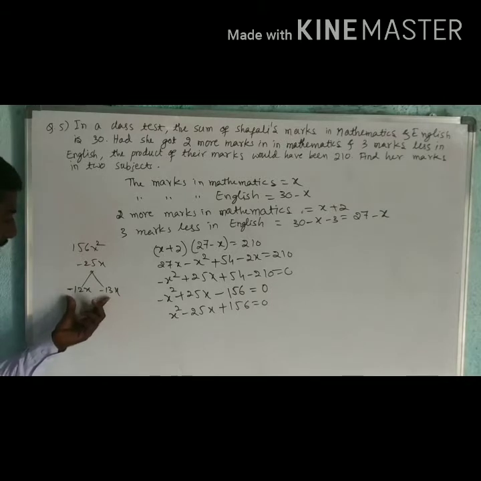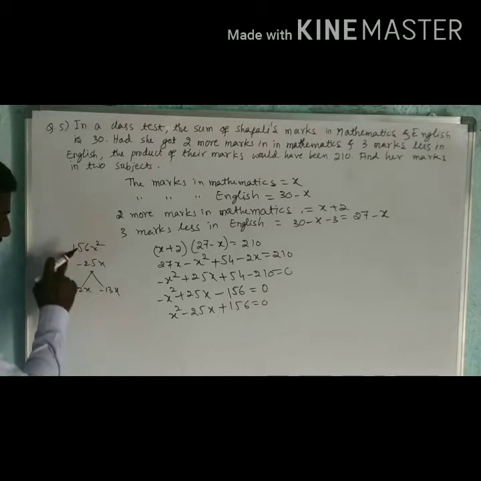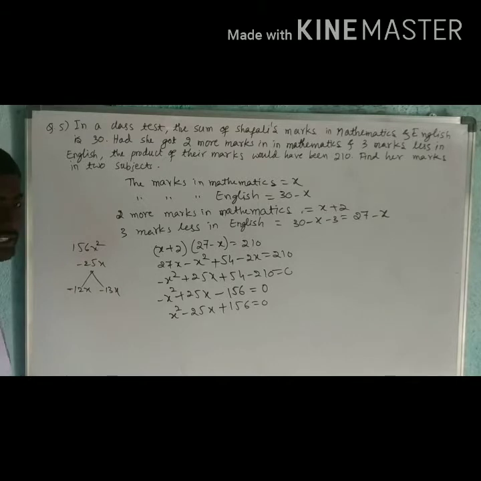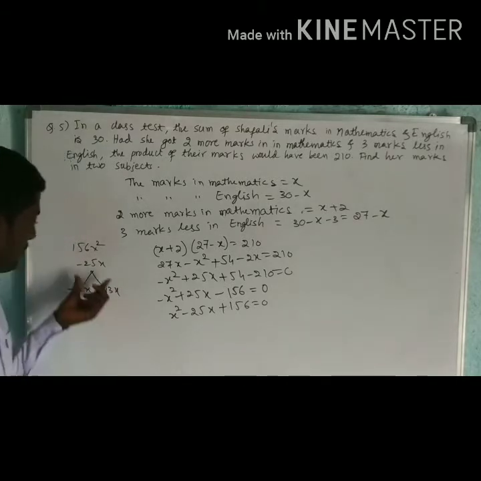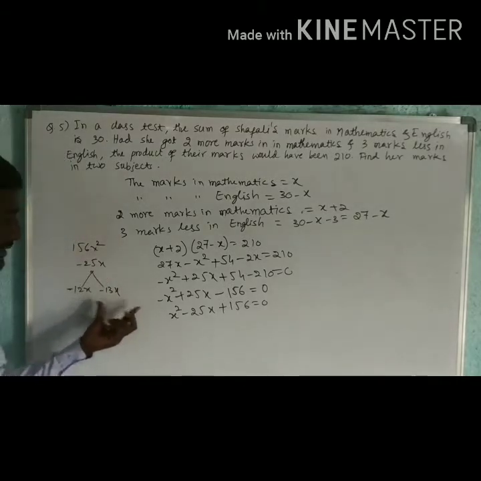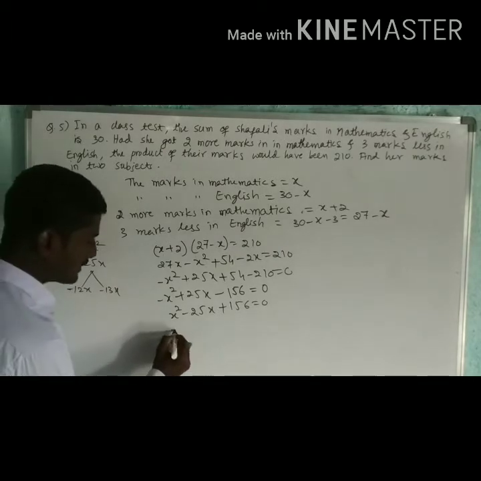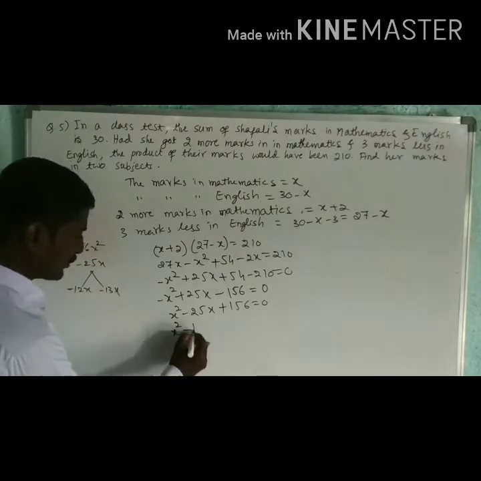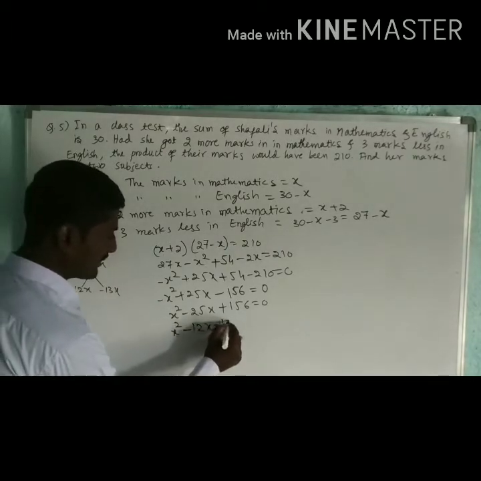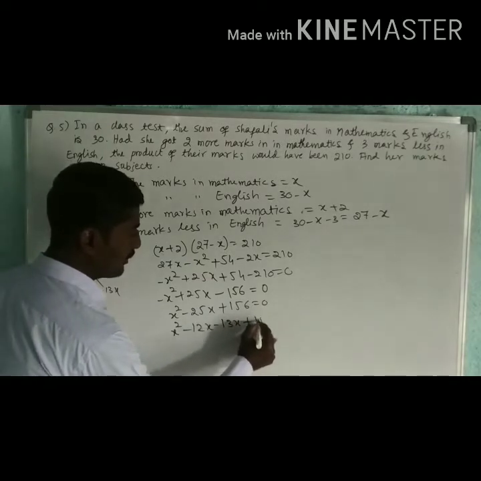So this will become minus 12 minus 13, that is minus 25x. Multiplying, minus into minus plus, 12 into 13 is 156 x square. Now in place of minus 25x, I will write these two numbers: x square minus 12x minus 13x plus 156 is equal to 0.